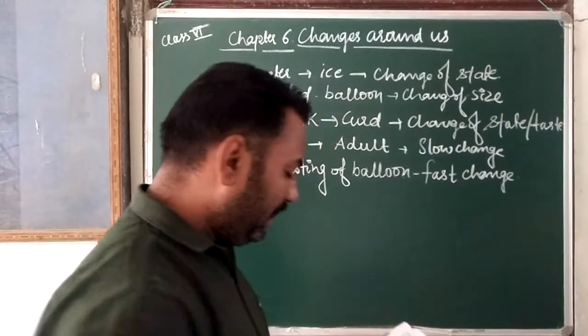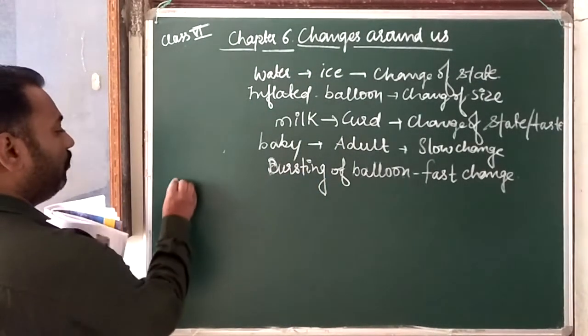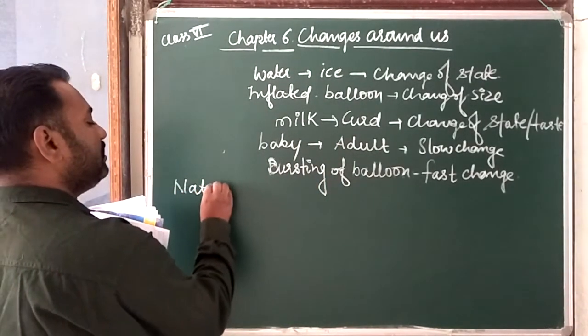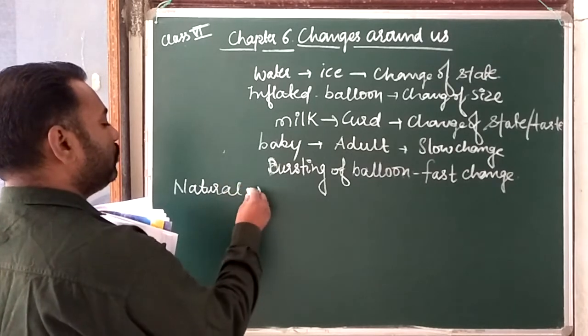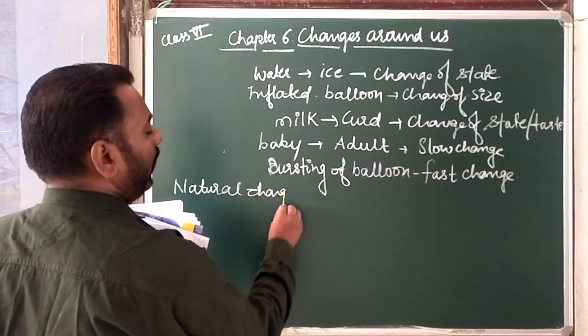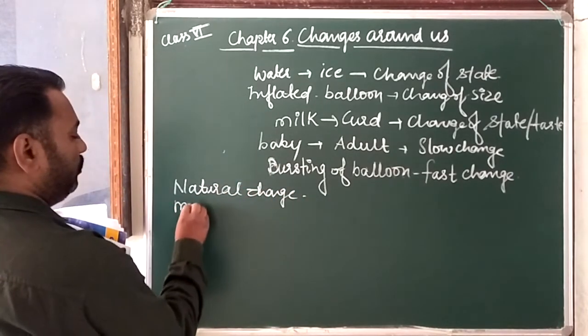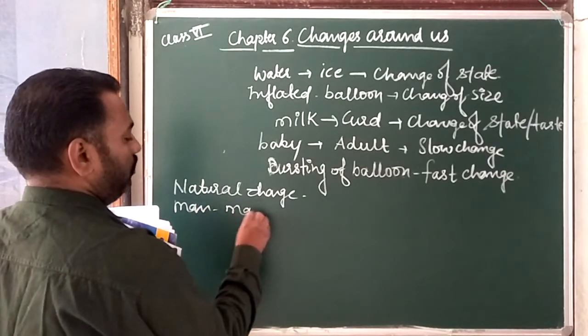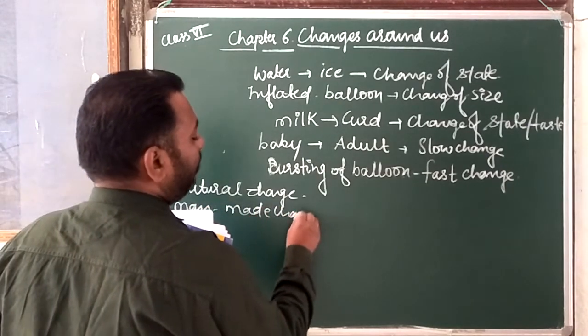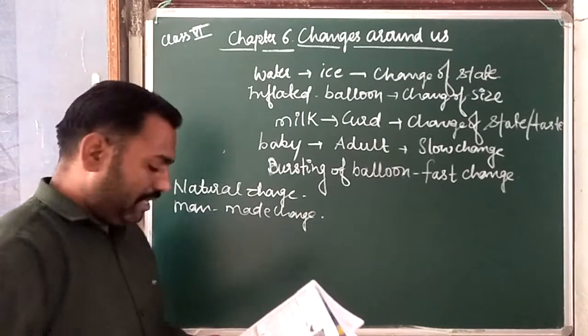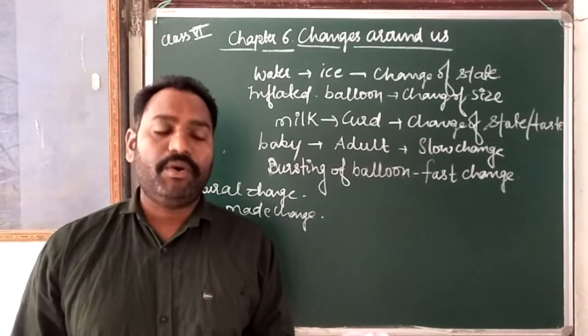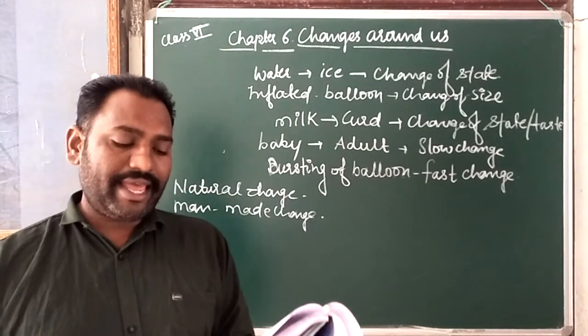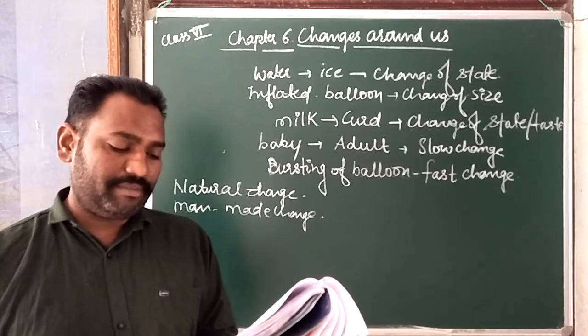Now the natural and man-made changes. What are the examples of natural changes? Natural change means a change in the weather, occurrence of day and night, and growth of plants and animals.